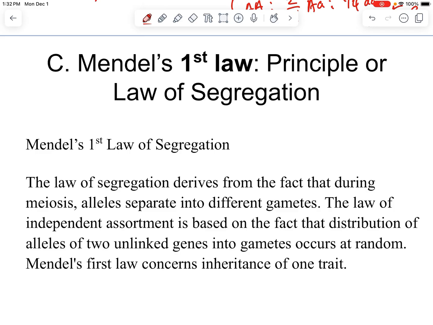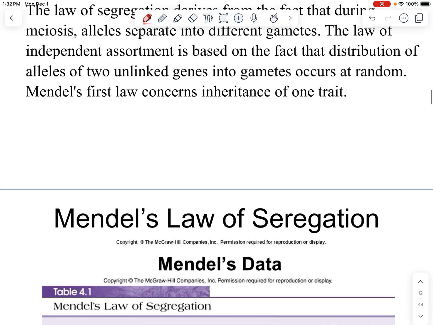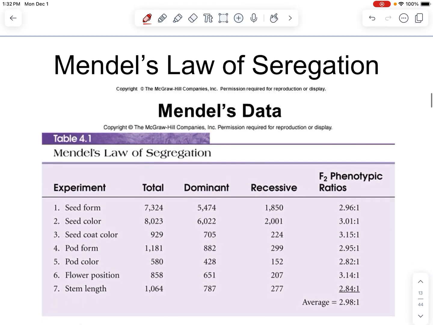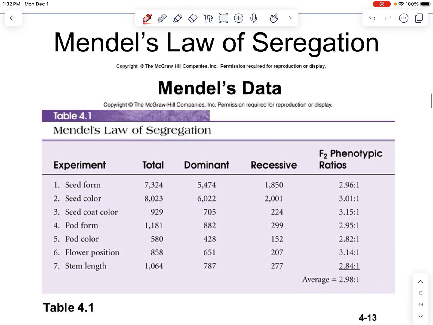So remember with a male, we start off with one diploid cell, but we go to 4 haploid cells. Those 4 haploid cells are going to have different combinations of genes depending on how they line up. So that's called the law of segregation, which means we have different variations of how things can show up.